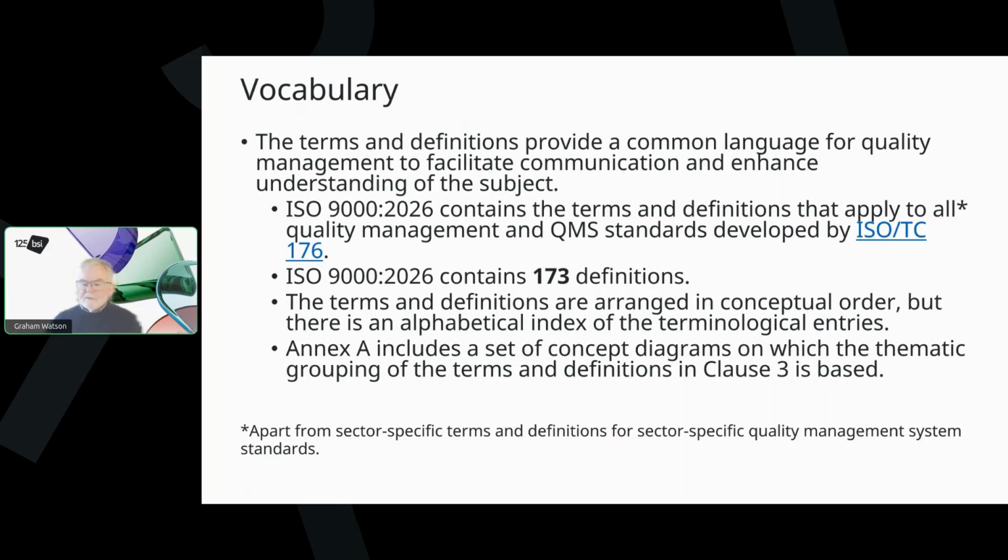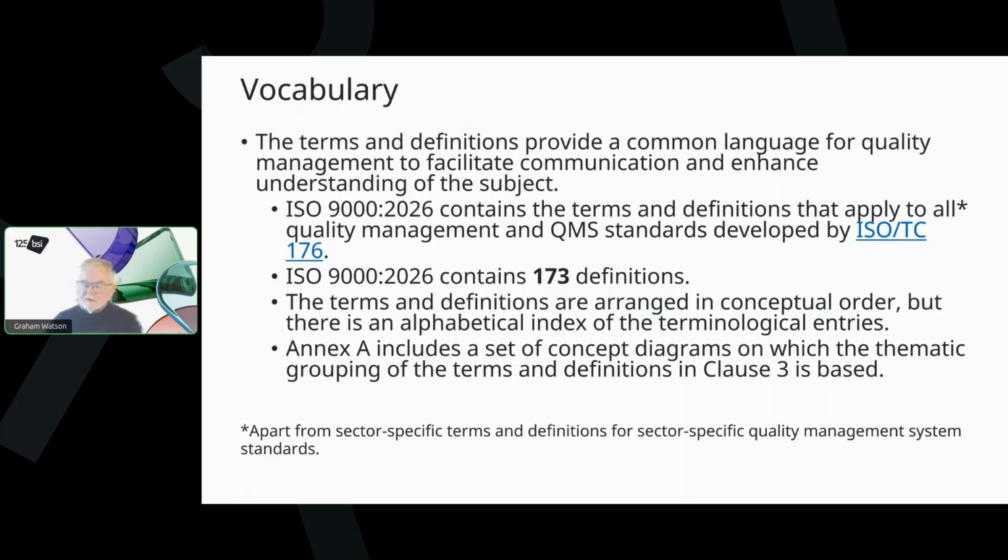There are some new terms and definitions. Things change. Some definitions have been revised. What is important is standards that cite 9000 as a normative reference for their vocabulary. So this is clause 2 of a standard, it's normative references.